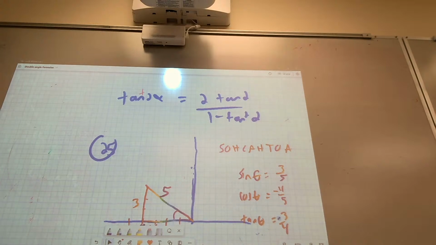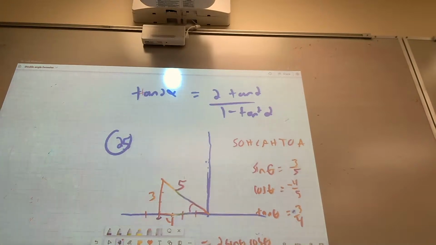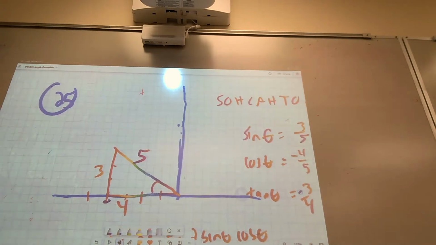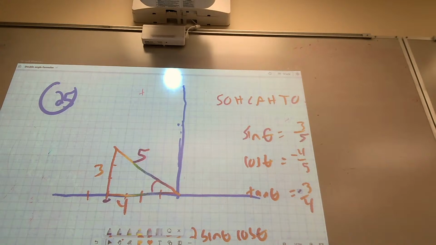So we're getting sine 2 theta, so you're going 2 sine theta cosine theta. It's easier. 2 sine theta cosine theta. So get that.